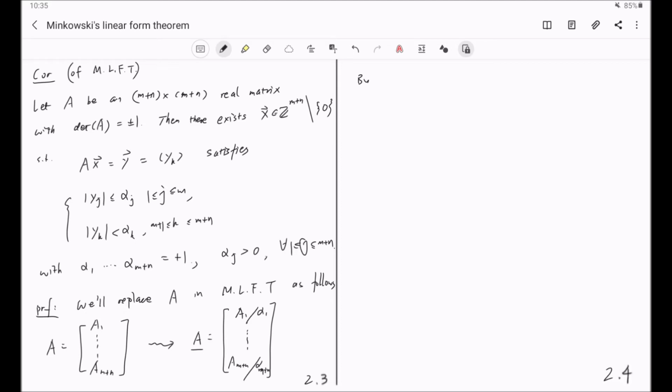So by the theorem applied to underlined A, keep in mind that the determinant of this underlined A is still plus minus 1, because the product of alpha 1 through alpha m plus n is 1.